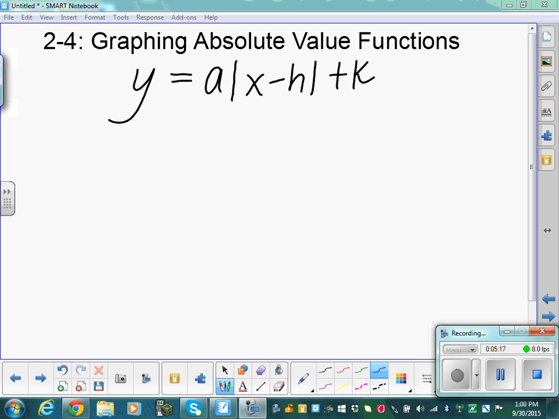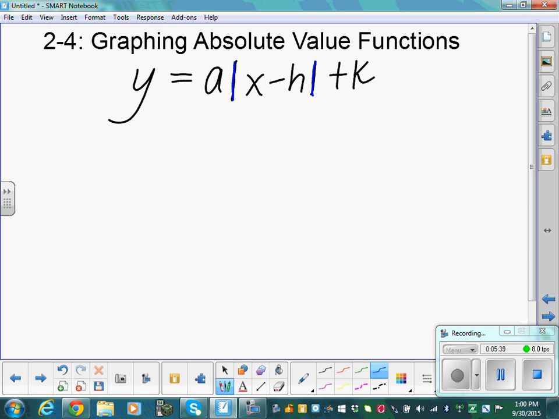All right, absolute value graphs have this form. y is equal to a times the absolute value of x minus h, plus k. These straight lines are absolute value signs. Now we've shifted rational functions, and we know that anything added with our x is going to be shift left and right.